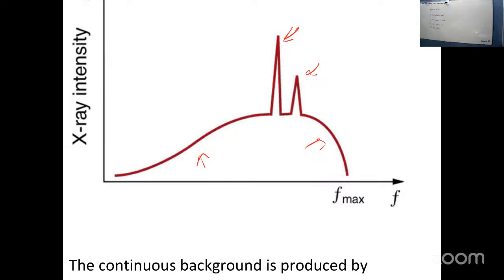Those are the characteristic ones, the high peaks. The continuous part is produced when the electrons leave the filament and go near the nucleus, losing some energy and causing a little deflection. That energy being lost is within the big wave shape. So make sure you can draw it and explain it.